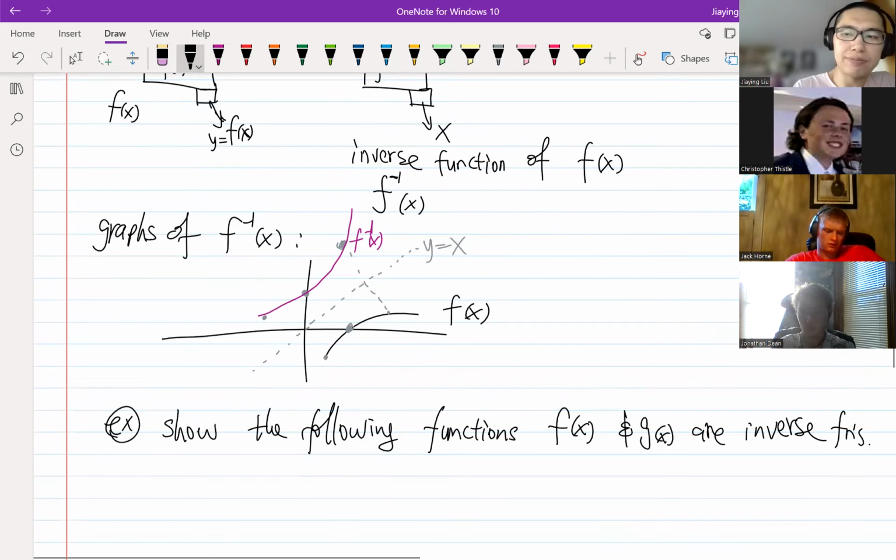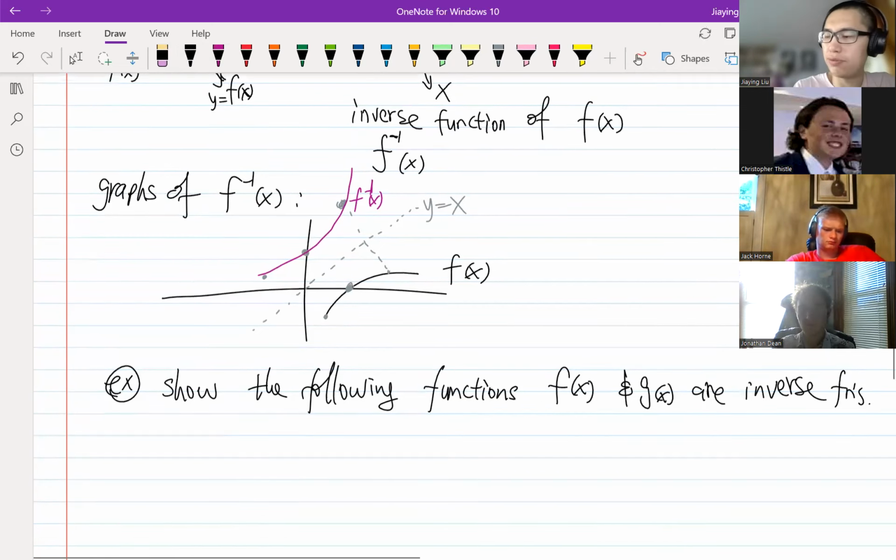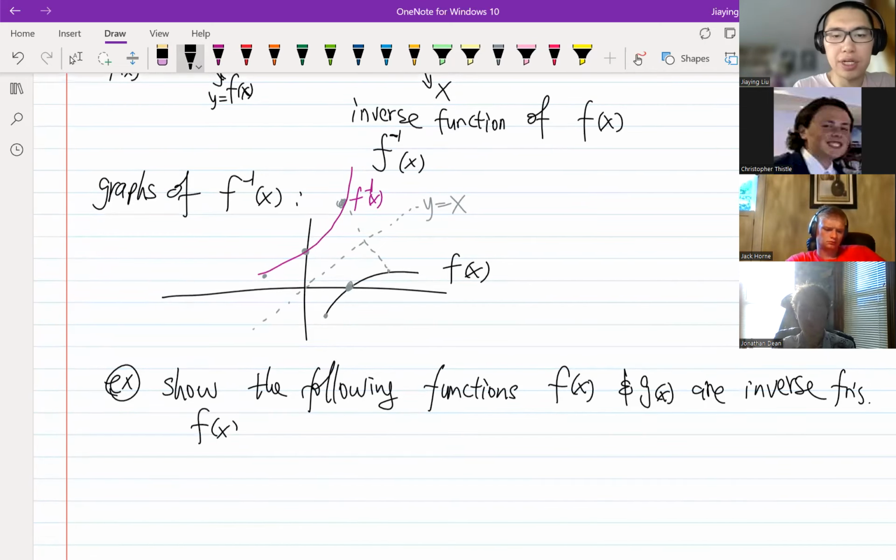Now, to show that, there's two things we have to do. Well, let me give you the problem. Suppose this problem is f of x equals x plus 5 over 3. g of x is equal to 3x minus 5.